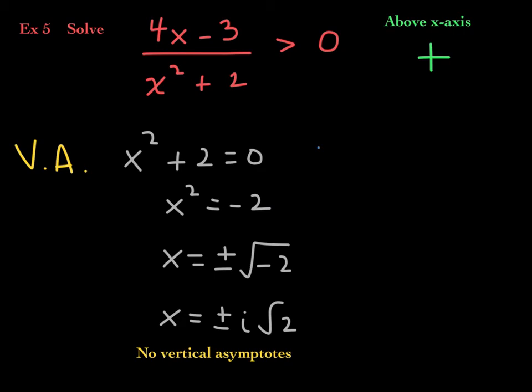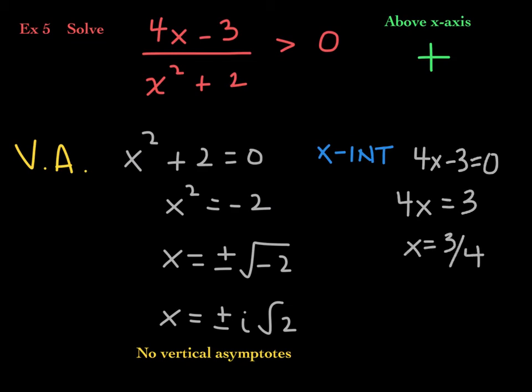Now, your x-intercepts are found by taking your numerator and setting it equal to 0 and solving. So I'm going to add 3 to the right, and then I'm going to divide by 4. So your one x-intercept is 3/4. So 3/4. Keep that in mind, everybody.